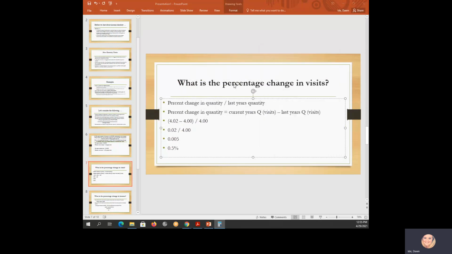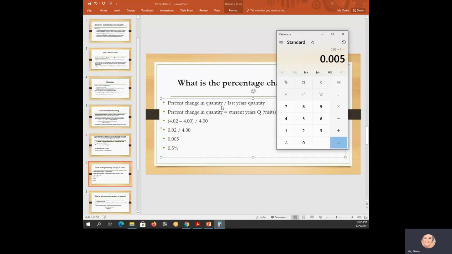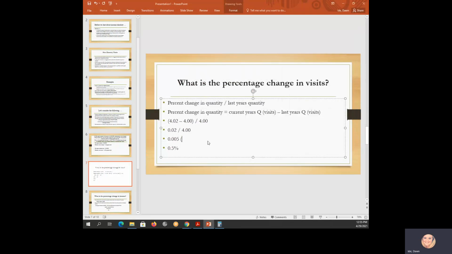But it's asking us what's the percentage change in visits. So in order to get the percentage change in visits, you would have to take this decimal and change it to a percentage. How do you do that? You simply move the decimal 2 places to the right. That's how you turn a decimal into a percent.